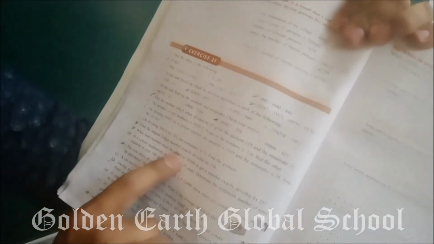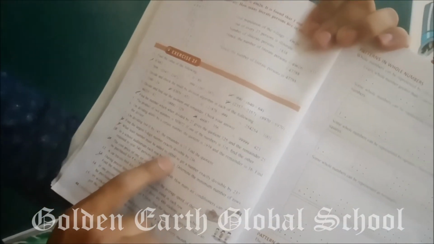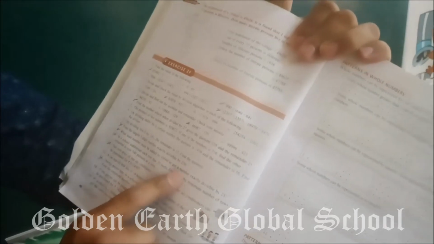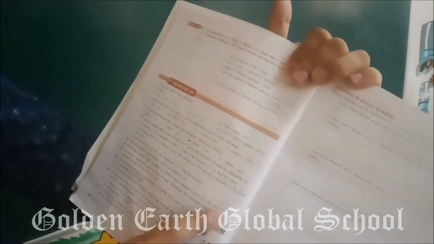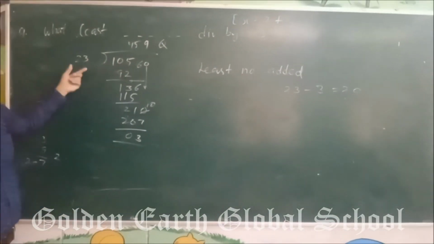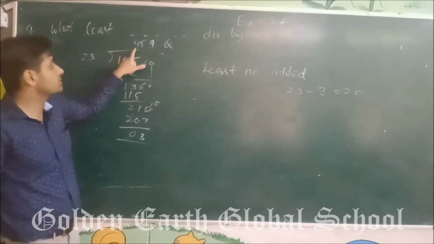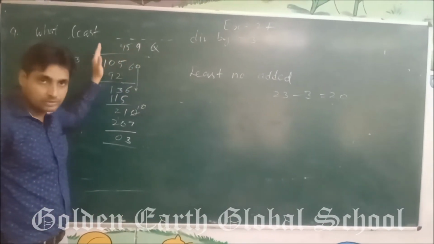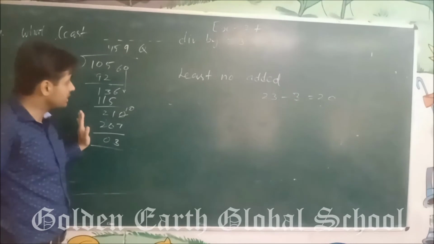Ninth, what least must be added to 10,560 to get a number exactly divisible by 23. So find the least number. Look at the board. When you divide by 23, the quotient is 459. You can divide easily.